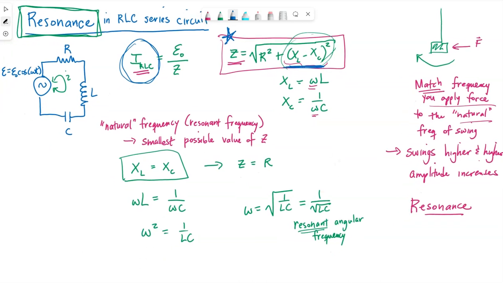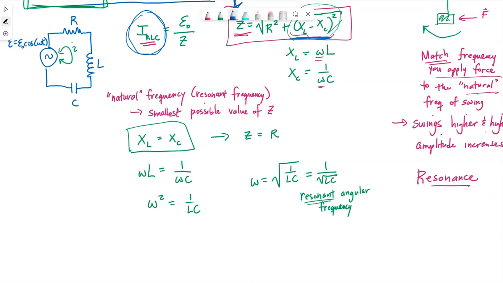So in resonance, we are maximizing the peak or maximum value of current, the largest possible peak value of current. Another way we can look at that, we're maximizing the power output.